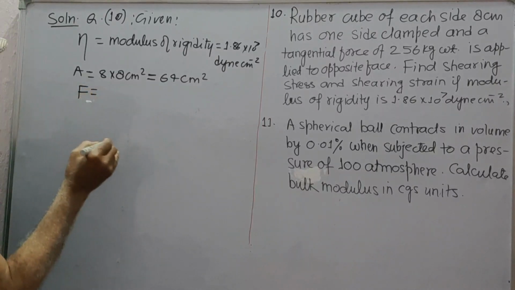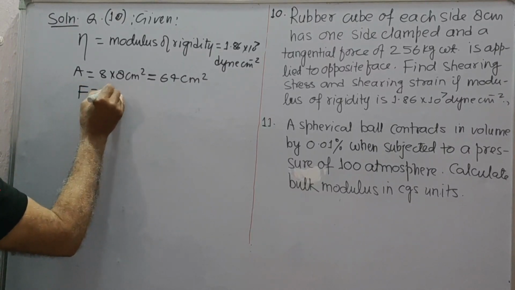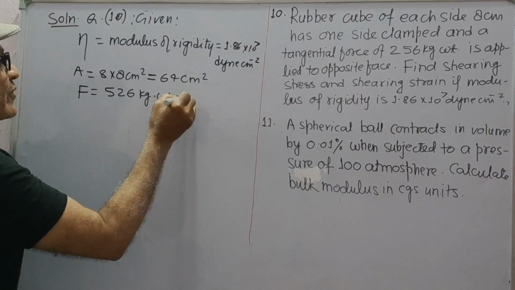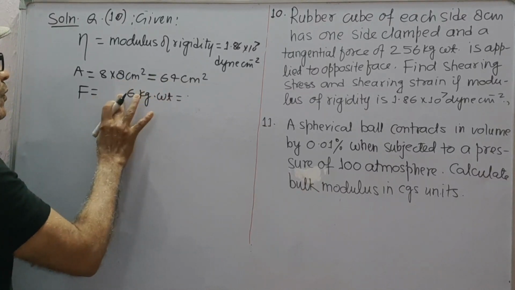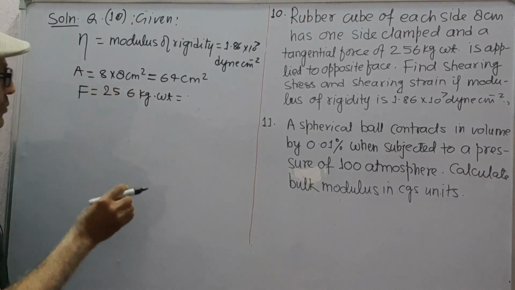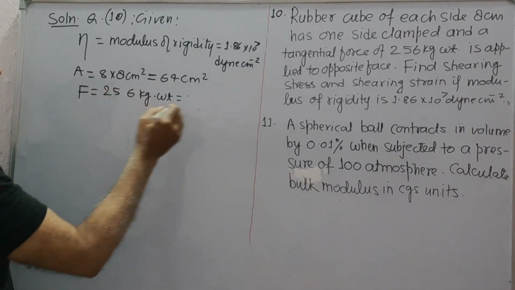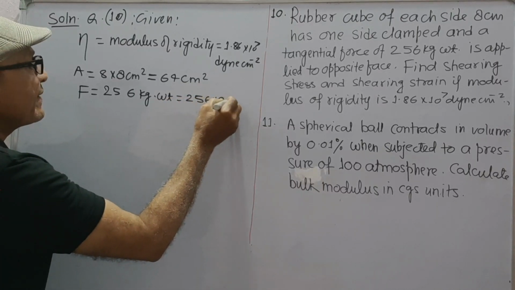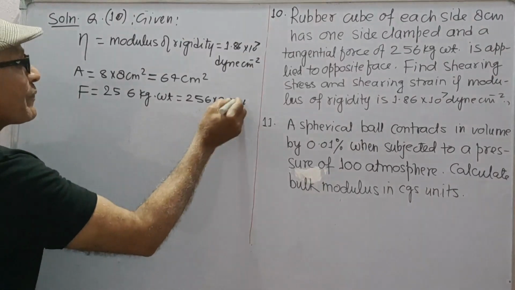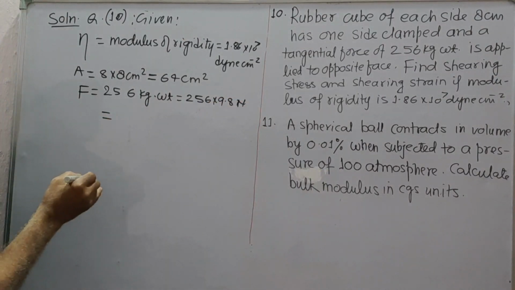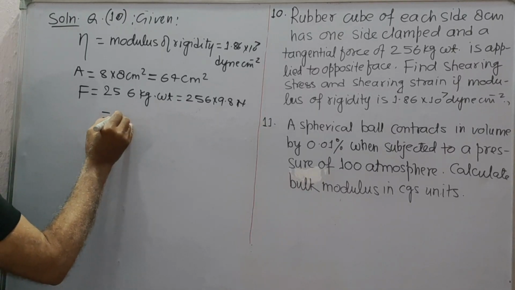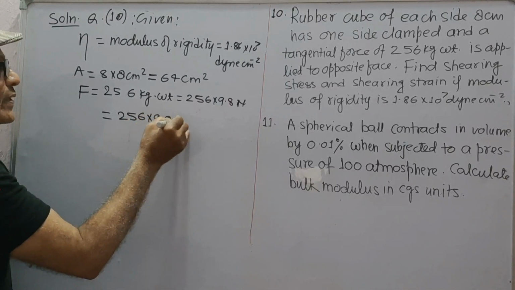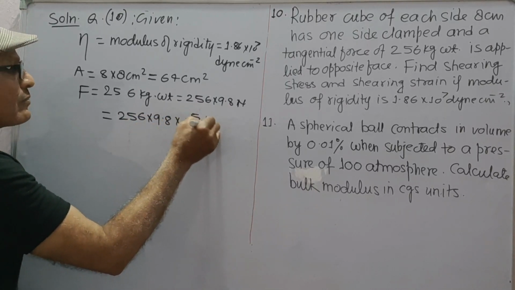Force is equal to 256 kilogram weight, which is 256 into 9.8 Newton, and 1 Newton is equal to 10 to power 5 dyne. Therefore, it will be 256 into 9.8 into 10 to power 5 dyne.